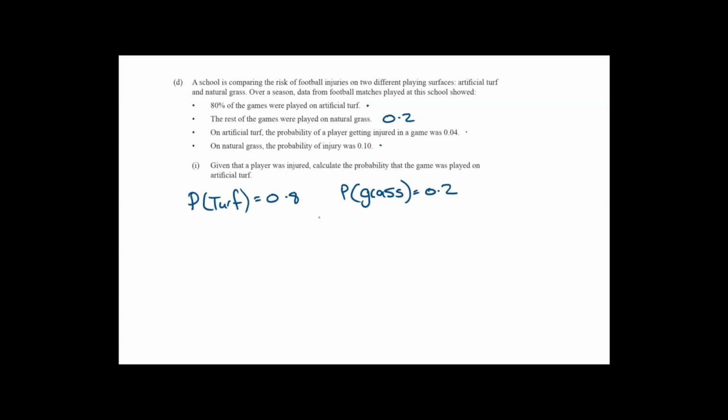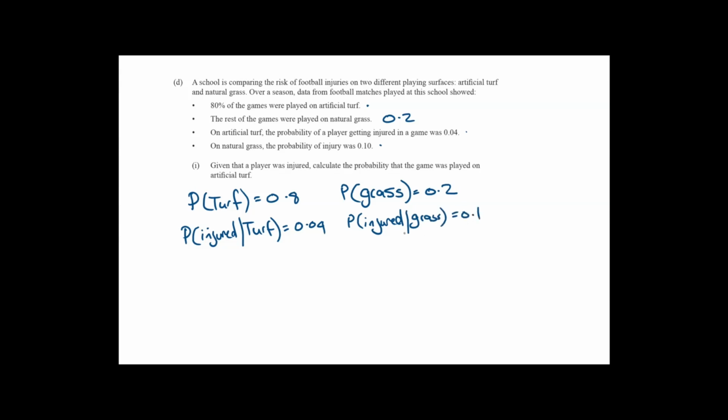Fair enough. Probability of getting injured was 0.4. So probability of injured, given they're on turf, is 0.04. Probability of getting injured, given that they're on grass, is 0.1.